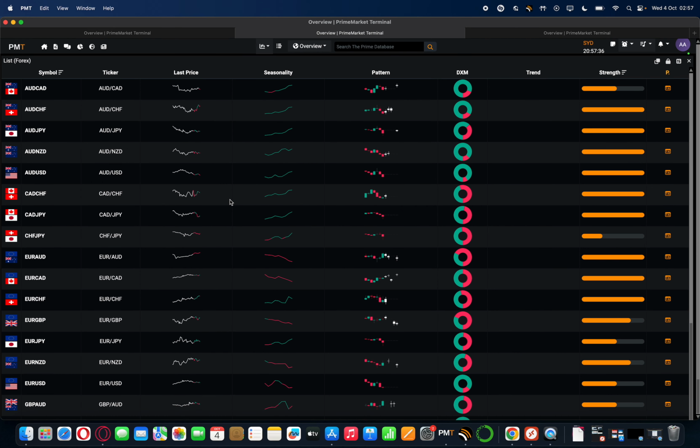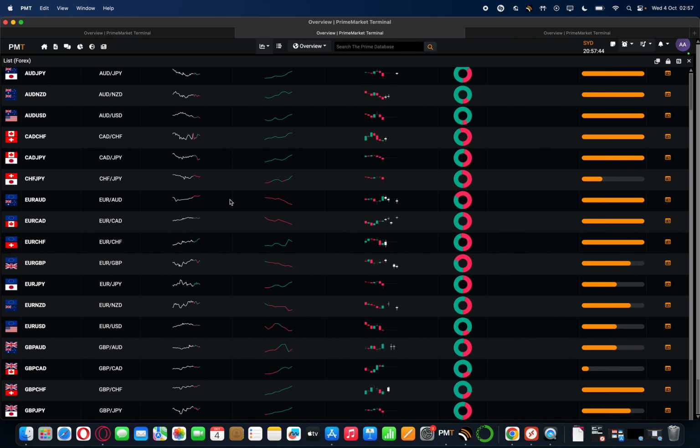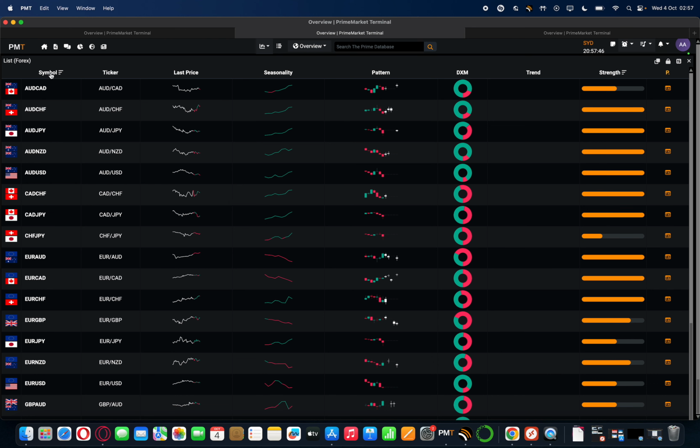This page you're seeing here just gives you a brief summary of what each currency pair is doing. You can also analyze other markets like the stock market and the indices market. To do that, you click on the settings sign where you see my mouse.